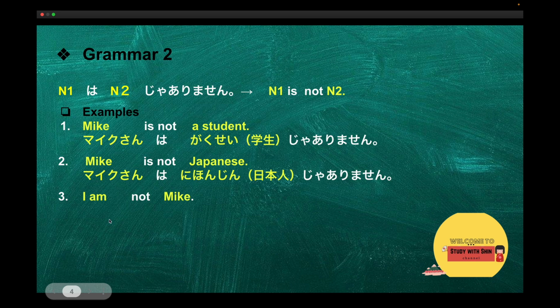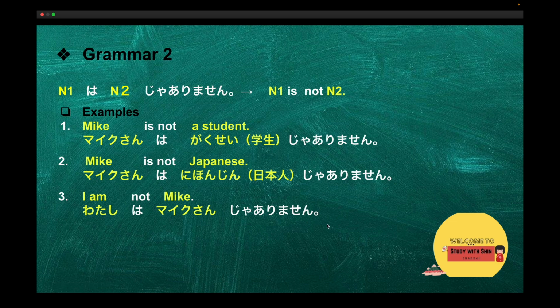I think at this point, you already kind of memorized how to say I am, which is 私は. And then how do you say Mike? マイクさん. 私はマイクさん. And then now you are negating the word. So instead of this, you say じゃありません. 私はマイクさんじゃありません, which means I am not Mike.